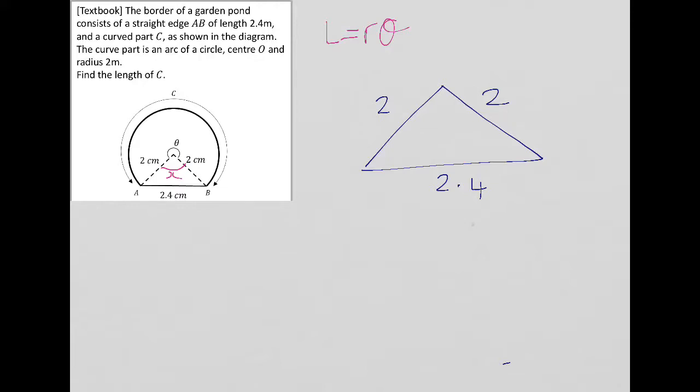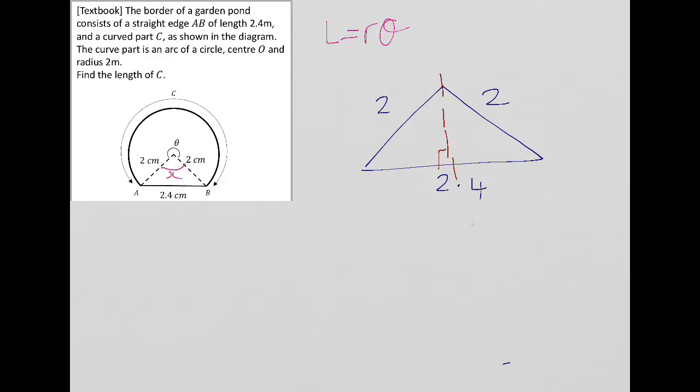And there is a way I can use SOHCAHTOA, because if I put a dotted line down here, I would create a right angle. And because I know it's an isosceles triangle, because this is 2 and this is 2, I know if I draw that line down there, it would divide this side in half equally.